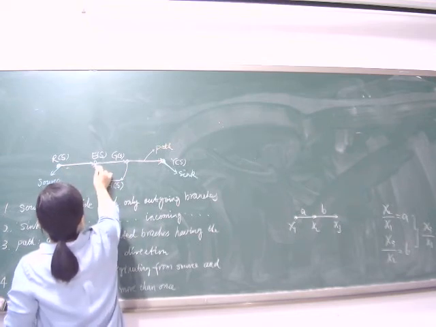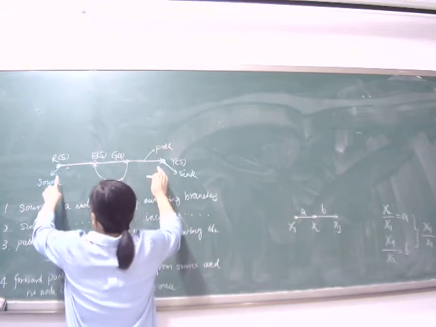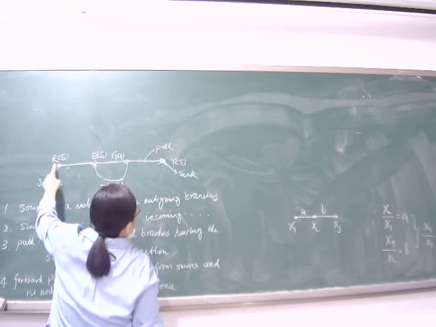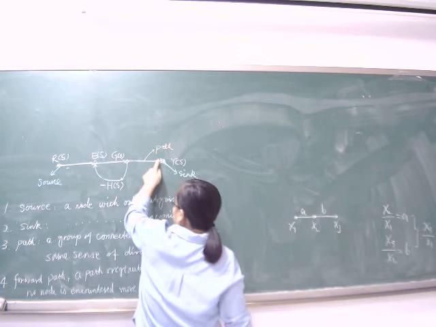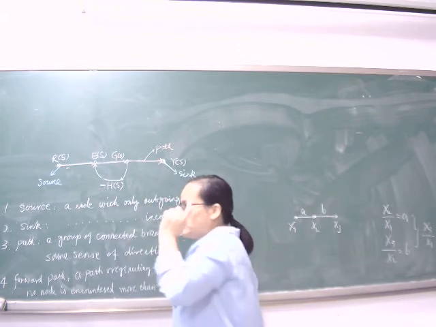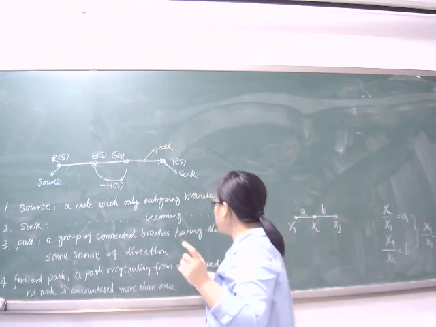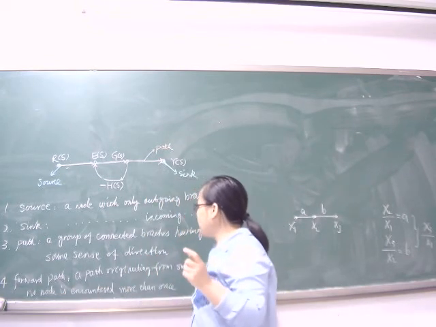Now we can see here this is a path. This part also is a path. But from this source to the sink, there is this part. This is a forward path. This path originates from the source and no node is encountered more than once.